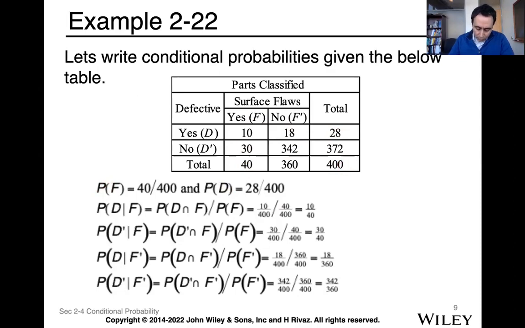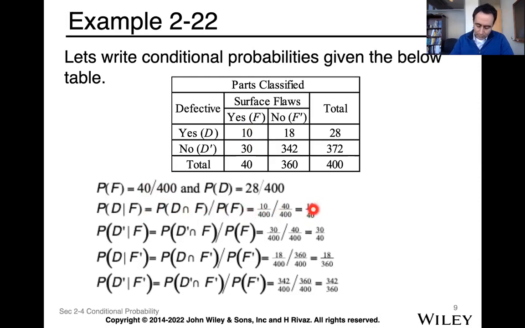Now, when I want to calculate probability of defective given surface flaw, the equation is D intersection F divided by F. D intersection F is 10, so probability of D intersection F is 10 divided by 400. And we already calculated probability of F, that is 40 divided by 400. So the answer is 10 over 40.